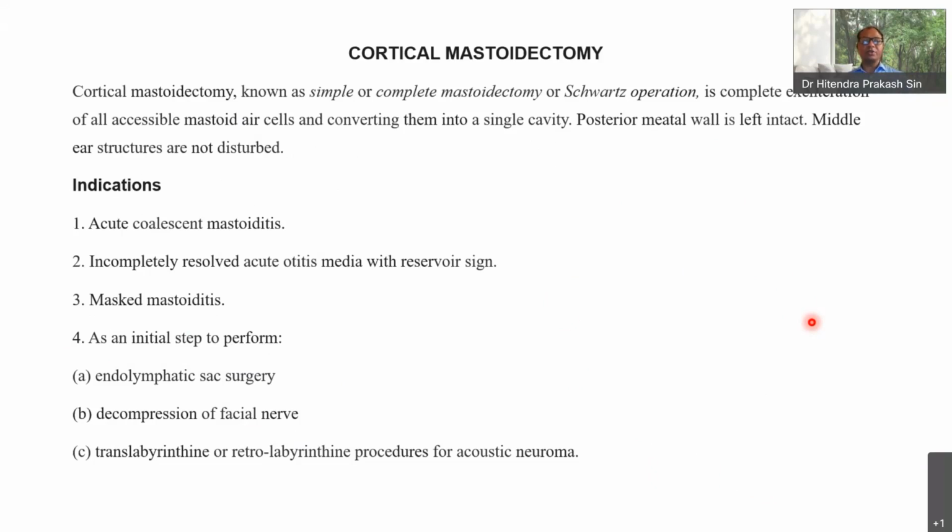The indications of this surgery are acute coalescent mastoiditis, incompletely resolved acute otitis media with reservoir sign, masked mastoiditis, and as an initial step to perform endolymphatic sac surgery, decompression of the facial nerve, translabyrinthine or retrolabyrinthine procedures for acoustic neuroma, and also cochlear implant surgery. We need to do a cortical mastoidectomy.